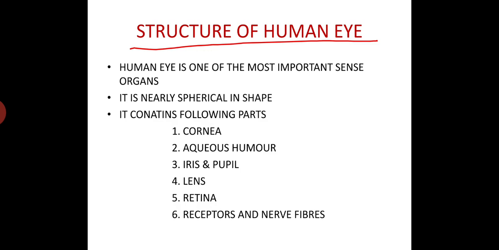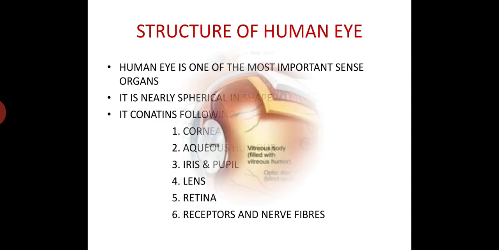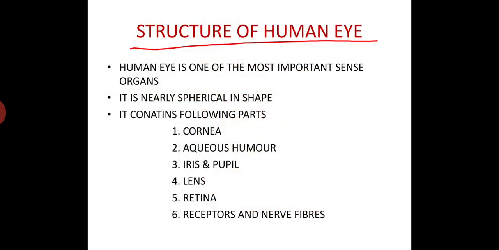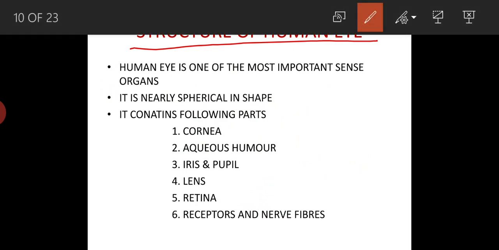The very important part present in the human eye is the lens. The lens forms the image of the object and enables us to see the object clearly. This lens working is completely a physics topic. That is why we are studying the human eye in physics.